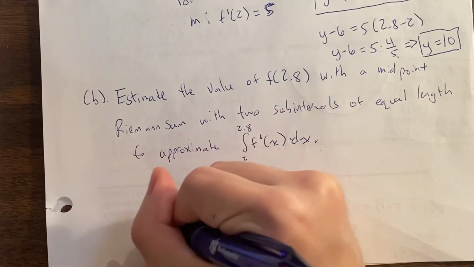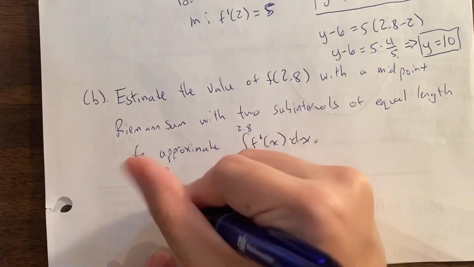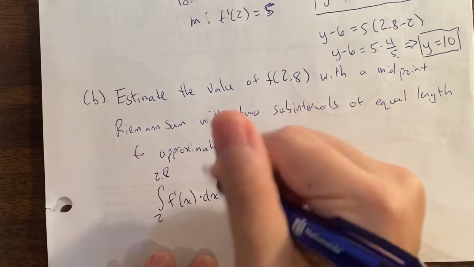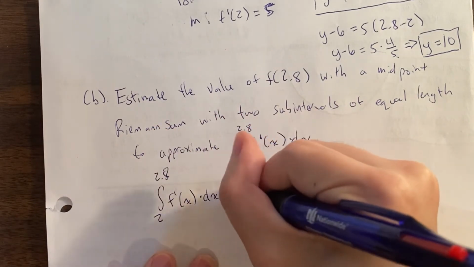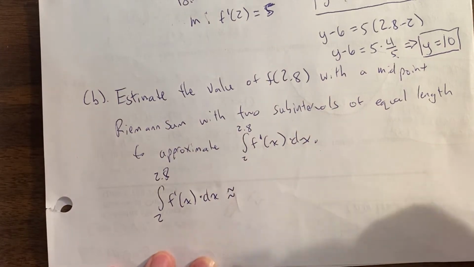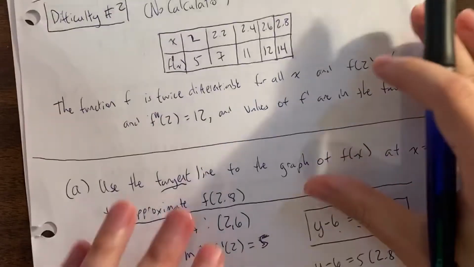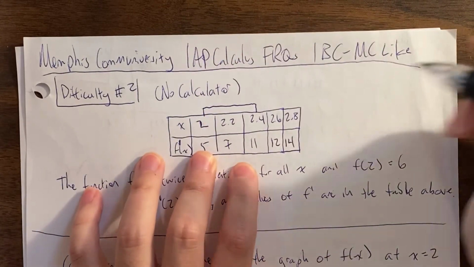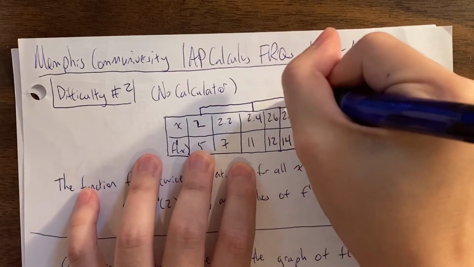So the key to remember about Riemann sums is that no matter which one you're doing, left, right, trapezoidal or midpoint, it's always the difference in the x's times different y's. So in this case, we have 2 subintervals. So in midpoint, what we're doing is we're going to have one rectangle from here to here, and then one rectangle from here to here.